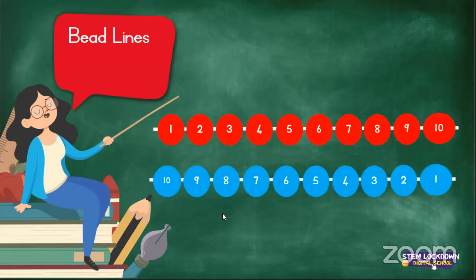Can you see that the red bead line is counting from 1 up until 10, and the blue bead line is counting from 10 and is going backwards from 10 to 1. Good. So now on your page, you should have your date and you should have the bead line exactly the same as the red one.